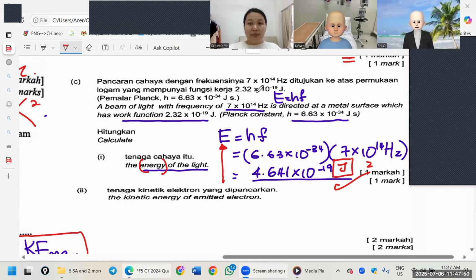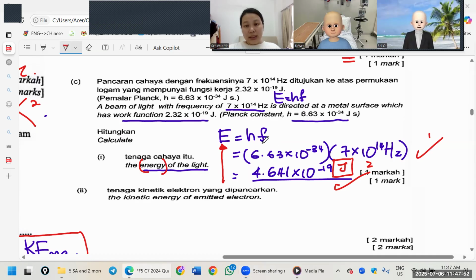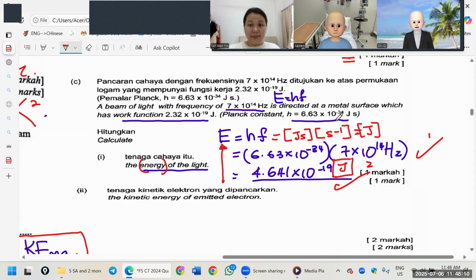Joule, capital J. Actually, we can check here. The h is actually joule second. Then hertz actually is per second. So these two cancel to become joule. So remember, hertz is per second.